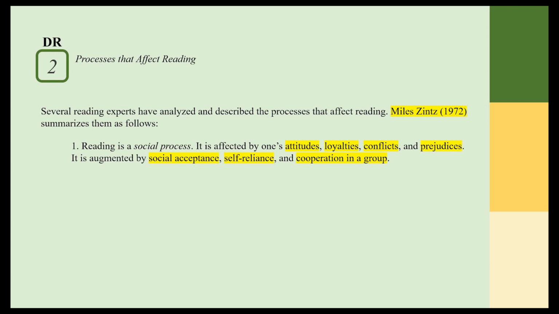So yeah, because of the acceptance of the society the reader is living in, of the kind of sexual theme being featured by the text, naapektuhan yung reading experience. Ayan. So the first process or the first aspect, the first angle with which reading could be defined in this case is reading is a social process.